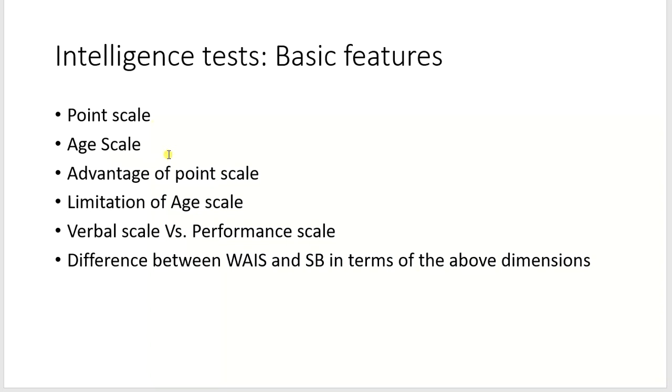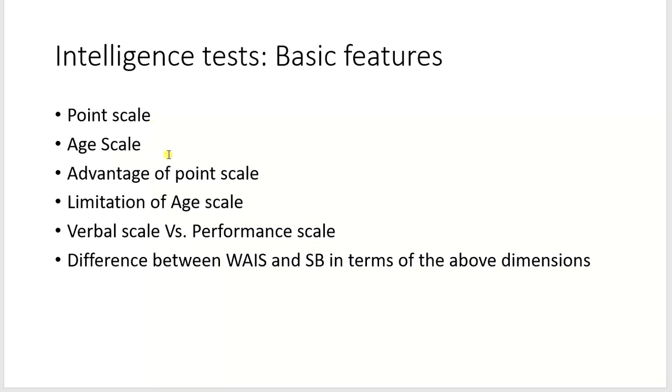So Stanford Binet has a history of age scale, but a point scale intelligence test assigns some scores, 1, 2, 3, 4 points, for each of the items. They do not score in terms of age.